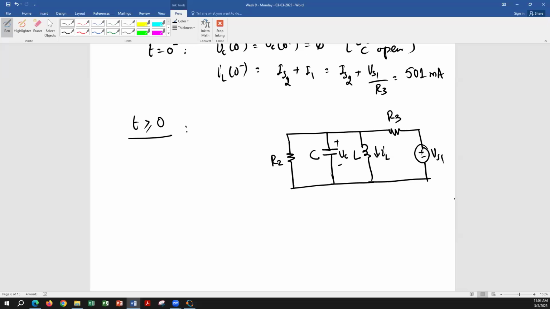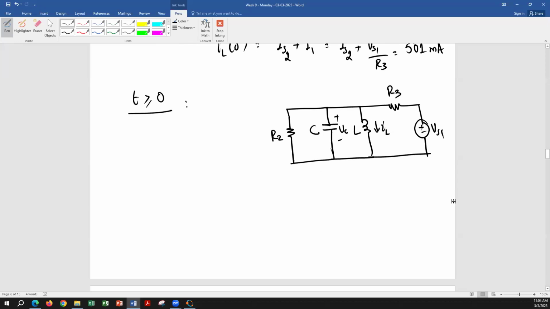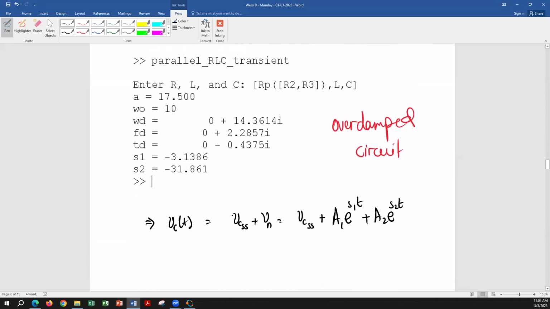That's what we've been doing for the last like 5 problems. To find the steady state response of the capacitor voltage, you assume it's running for a long time. That's what we are trying to find first. VC steady state plus VC natural. For VC natural, of course, since it's an overdamped circuit, this will be the response type.